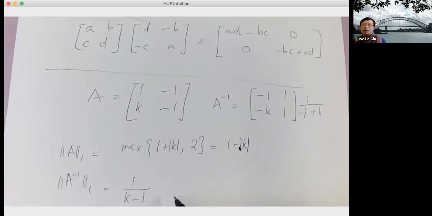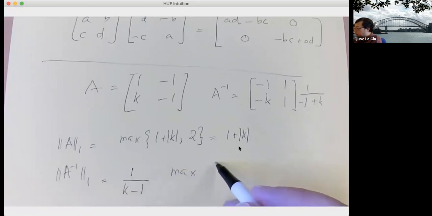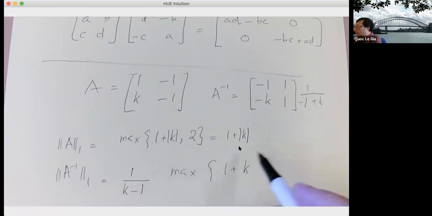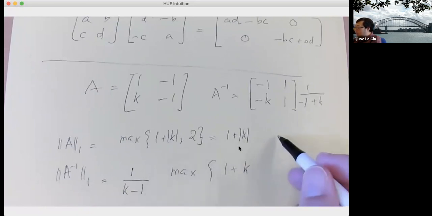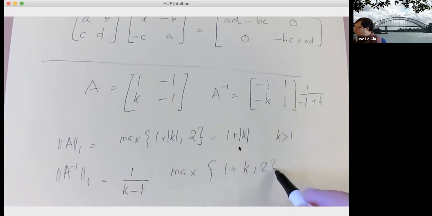So you can take the absolute value, but it's still the same, yeah? And now max of 1 plus k. Okay, I don't take the absolute value of k because k is bigger than 1, yeah? And max of 1 plus k and 2. So this one will be k plus 1 over k minus 1.